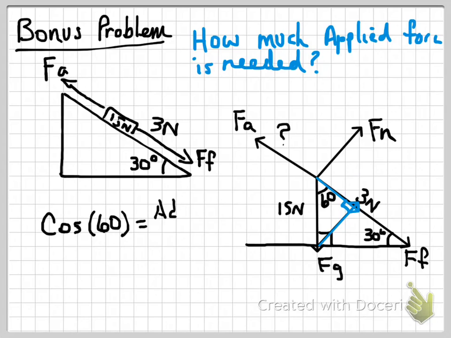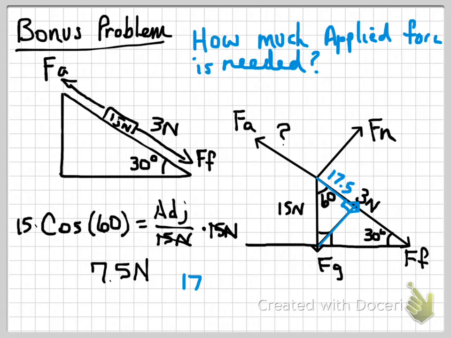So cosine of 60 is going to equal the adjacent over 15 newtons. I'm going to multiply both sides times 15 newtons to get the adjacent side by itself. So that's going to cause your 15 newtons to cancel out. Then when I plug this into the calculator, I get 7.5 newtons.